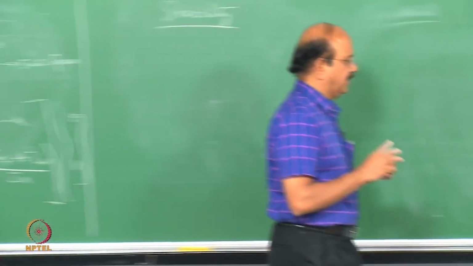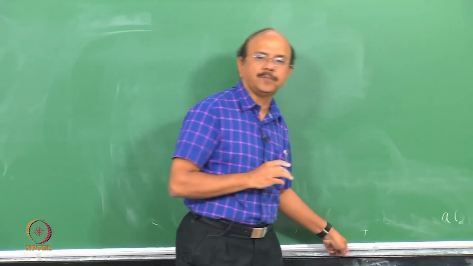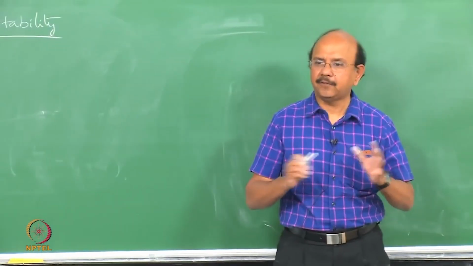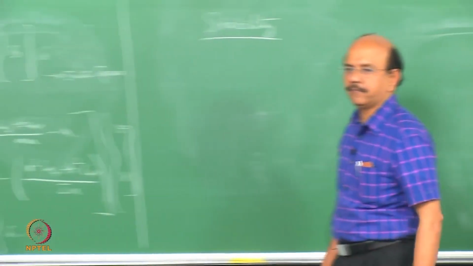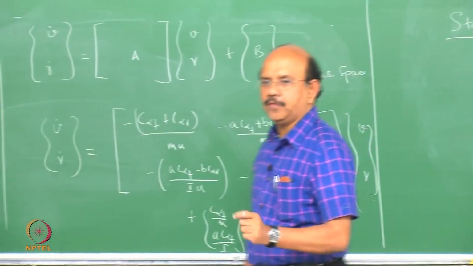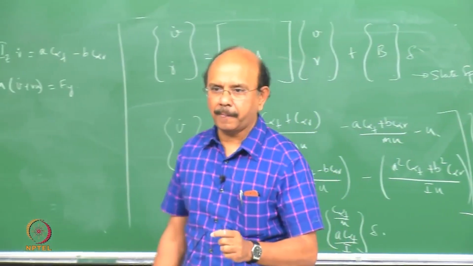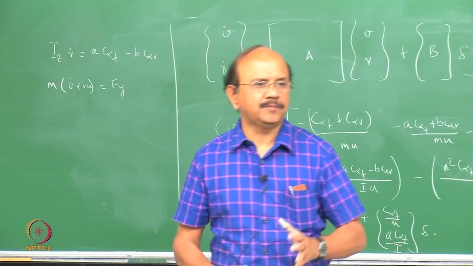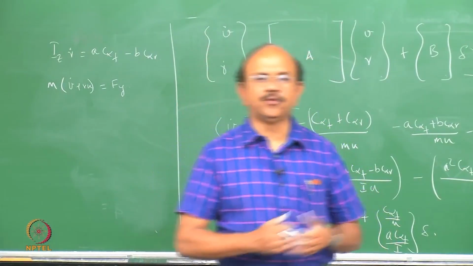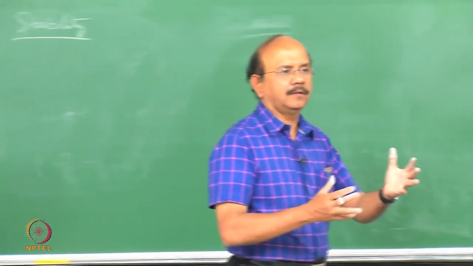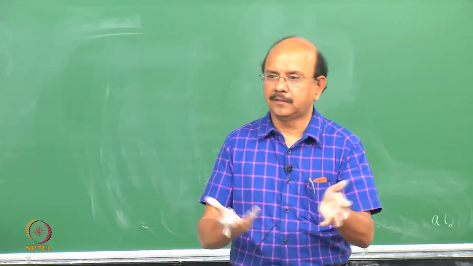For that you have to understand what we mean by stability. This is a usual thing because we are going to apply the concept of stability. So we have to understand what is stability. Even if you are going straight, we say that the system is stable in simple terms when there is a perturbation to the system. The perturbation can be due to some sudden wind that is blowing, or due to a pothole you take a small turn and so on.